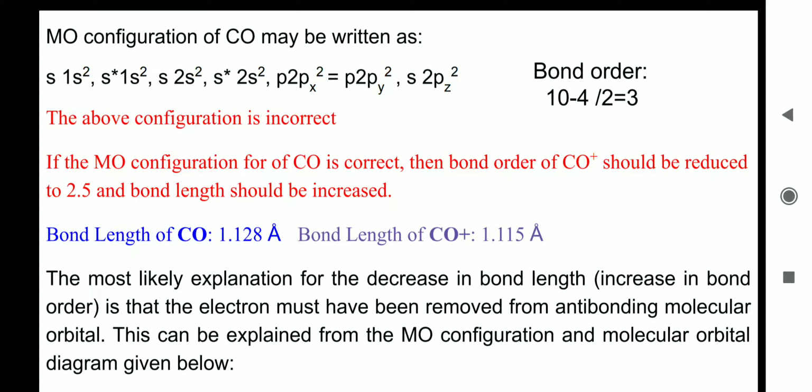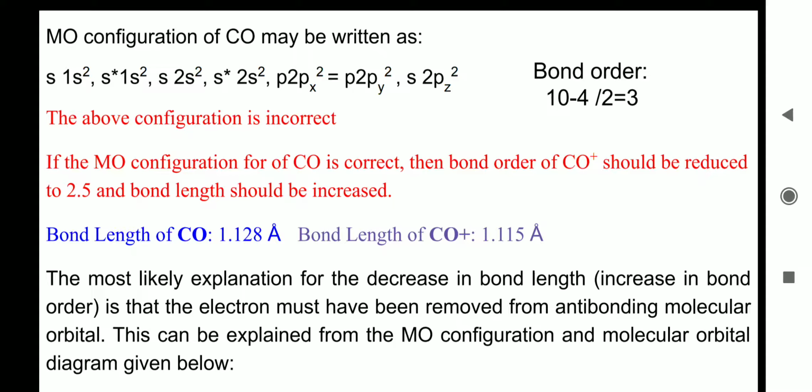What is our experimental observation? Our experimental observation is that the bond length of CO plus is shorter than the bond length of CO, and this is only possible when the bond order of CO plus is more than that of the CO molecule.